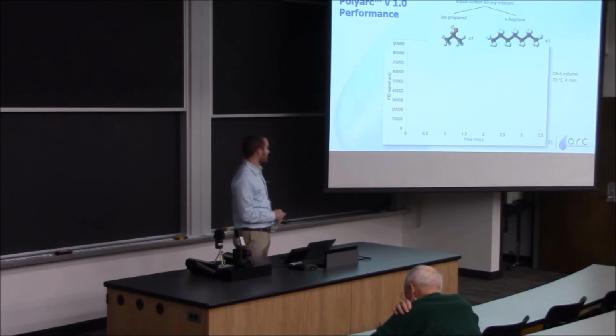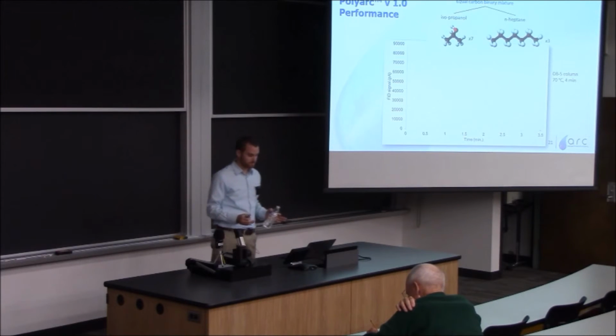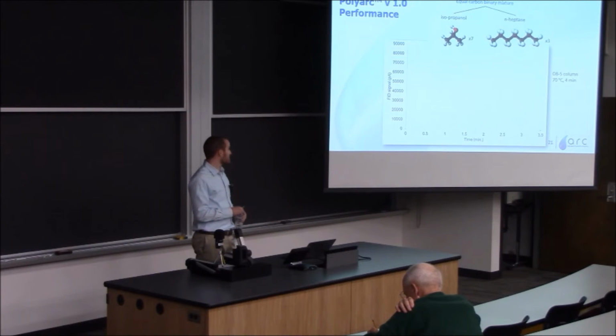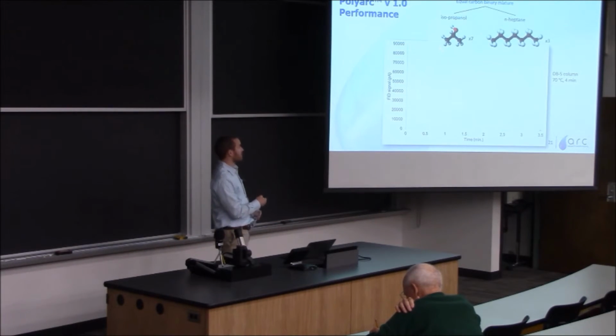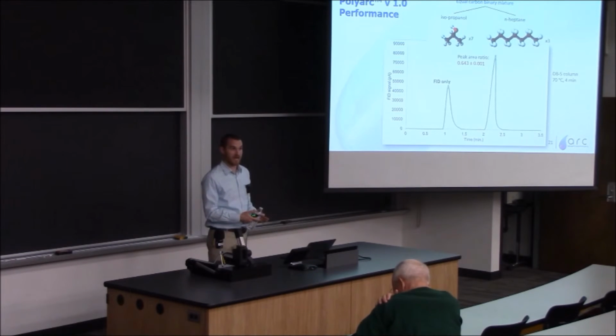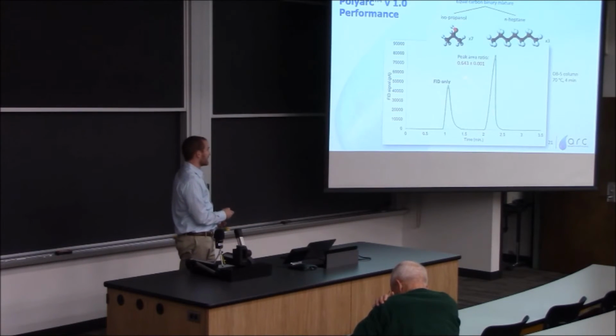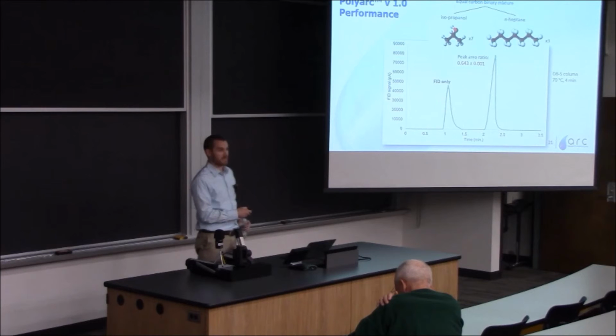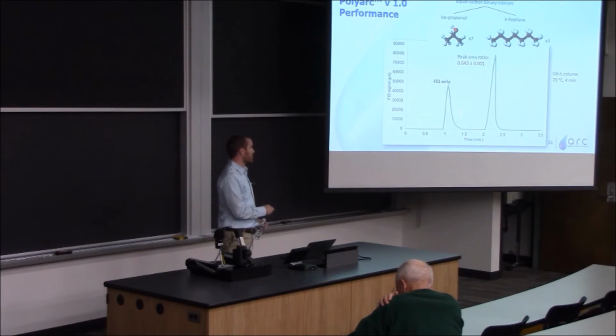So to illustrate this point further, I'll give you two examples. In the first example, I want to inject an equal carbon mixture of isopropanol and n-heptane. And when I put those into an FID without the reactor present, I see that the area of the isopropanol, again, there's just as many carbons in this as there is in heptane, I see the area of isopropanol is 64.3% less than that of heptane.